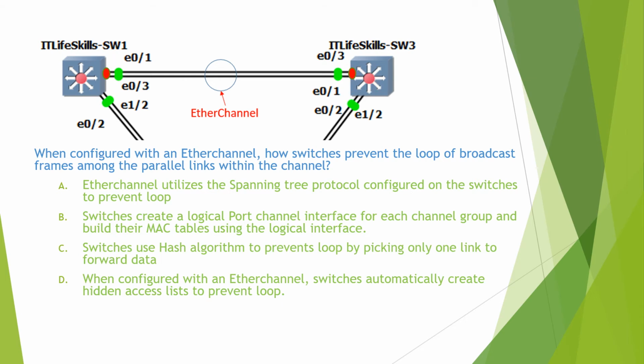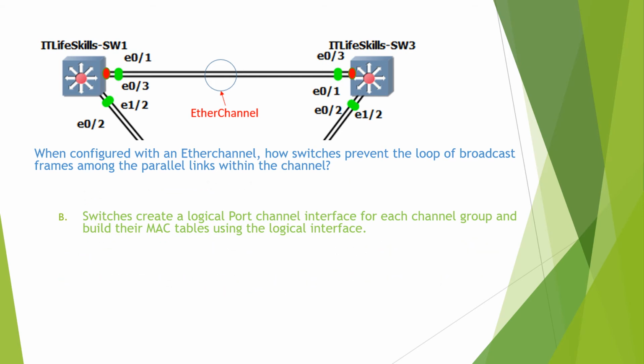For example, when IT Life Skill Switch 1 generates a broadcast frame, the broadcast frame will eventually select a physical link and send to IT Life Skill Switch 3. When IT Life Skill Switch 3 receives a broadcast frame, it sees the broadcast frame comes in from the logical port channel interface, therefore it will never send the frame back to the logical port channel interface, which prevents the loop. Therefore, the answer to this question is B. You can find the detailed explanation for this question in the video.